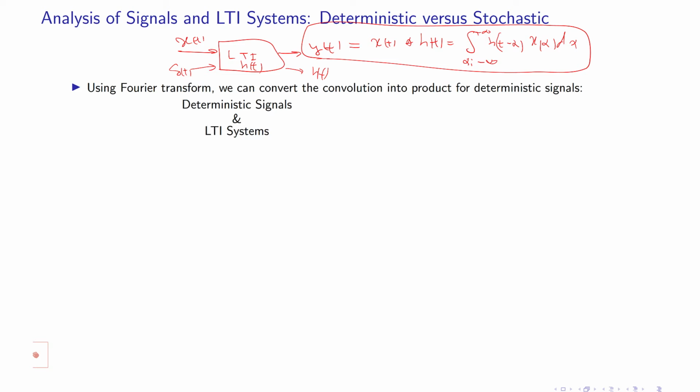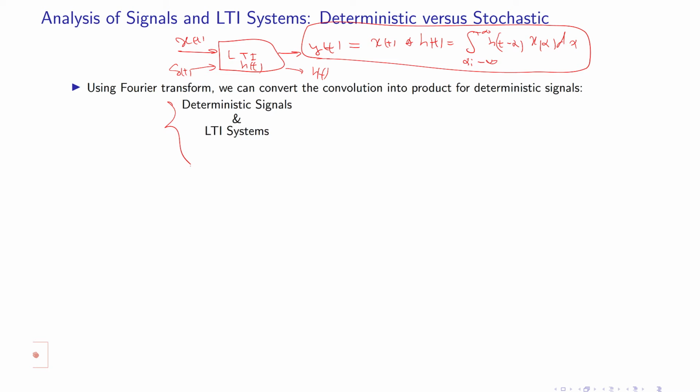That means that in each frequency, the corresponding component of the input is either amplified or attenuated or remains constant. So when we deal with deterministic signals and LTI systems, everything becomes easy and simple.